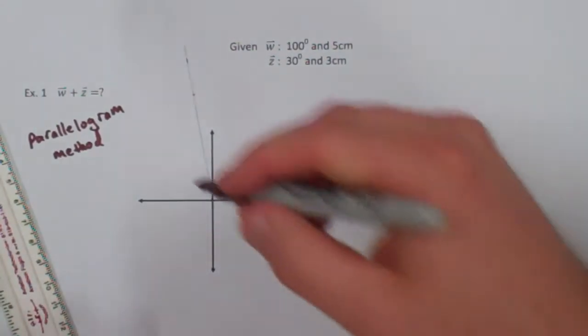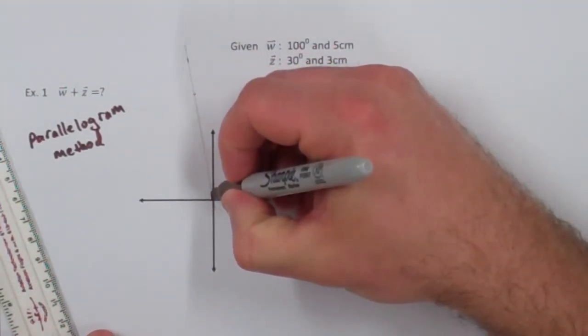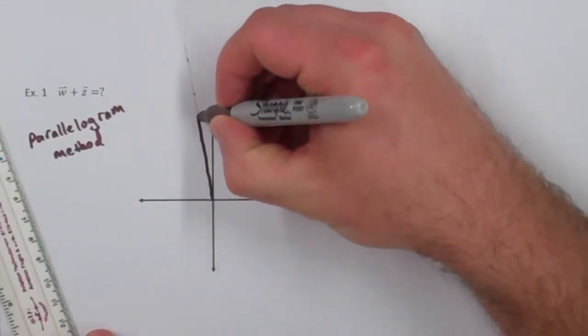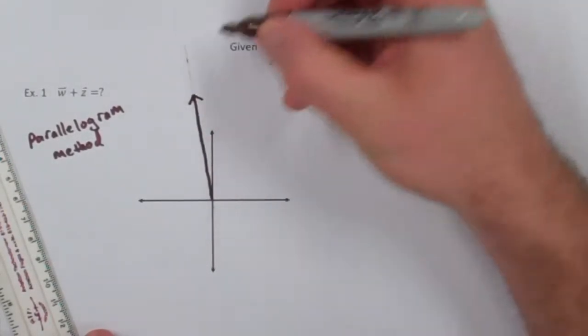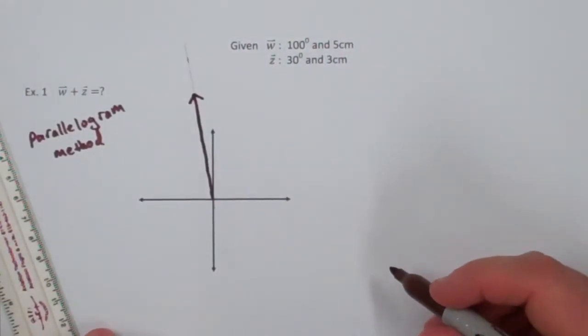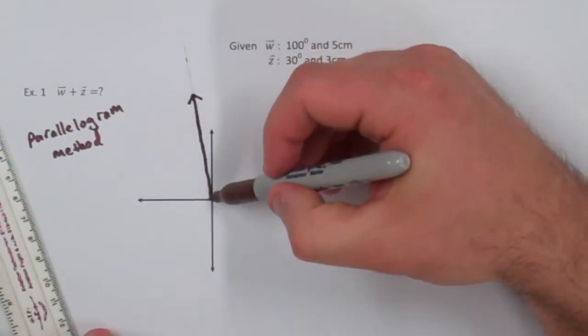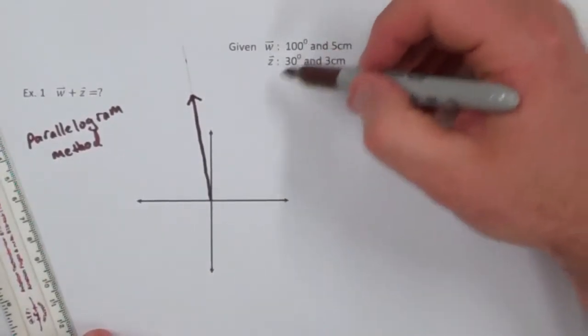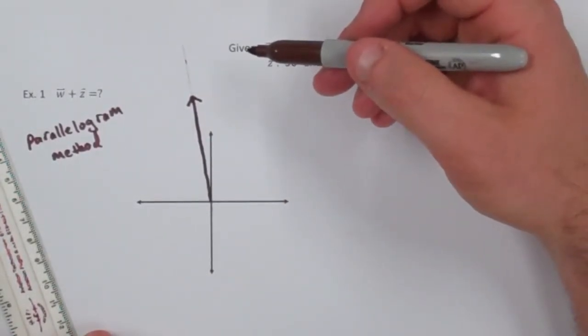I'm going to draw this for you, and if you do this with a ruler, it's all the better, but it tends to smudge a little bit with the Sharpie. So the distance here is 5 centimeters, that's the magnitude, and then 100 degrees is the direction.